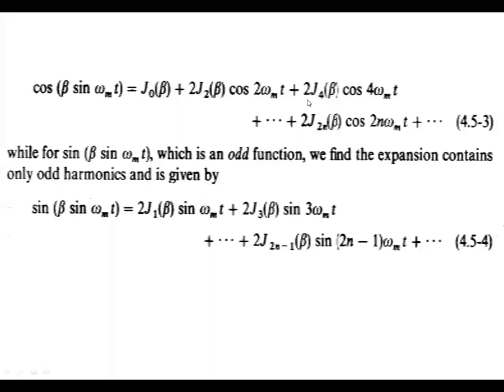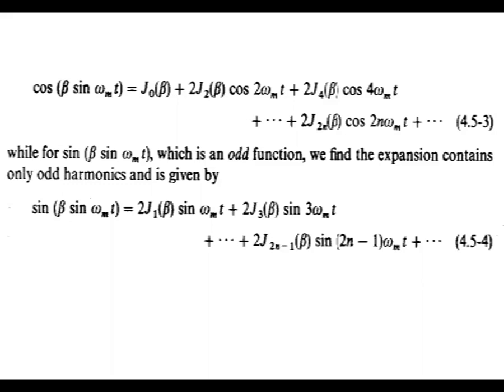The fourth term is 2 J4 beta, with frequency component cos 4 omega m t. Likewise, so on, there are even harmonics: 2 omega m, 4 omega m, 6 omega m, 8 omega m, and so on.